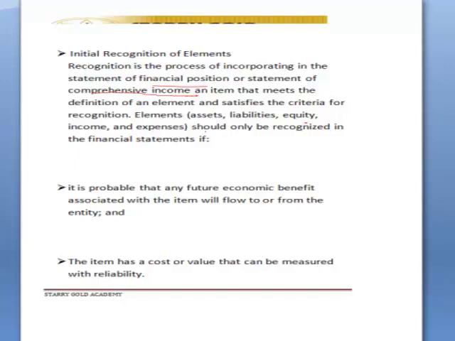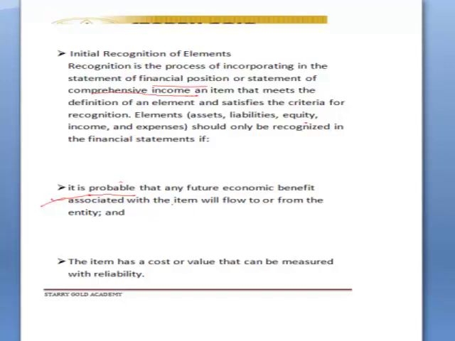Elements should only be recognized in the financial statements if, number one, it is probable that any future economic benefit associated with the item will flow to or from the entity. If it is an asset or an income, the future benefits associated with the item will flow in to the organization.